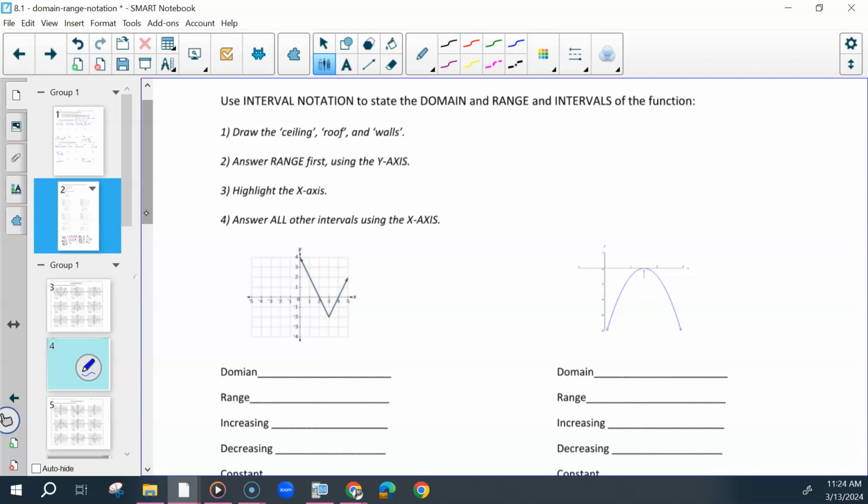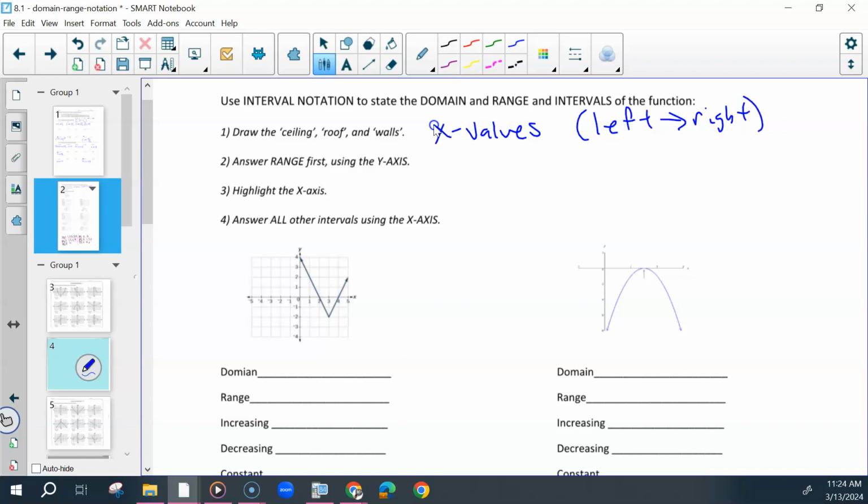So previously, when we were doing our quadratics and talking about domain and range, I briefly mentioned that domain is your x values. That's still the same. And it's your x values looking from left to right. Kind of like what we were just doing, thinking about it left to right.